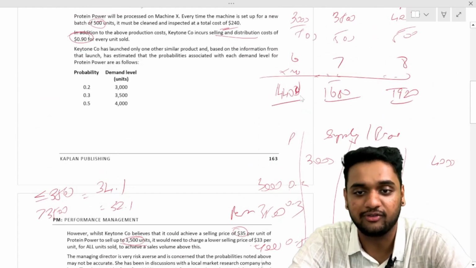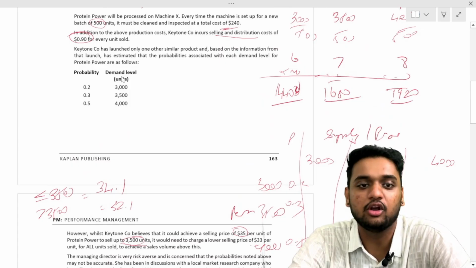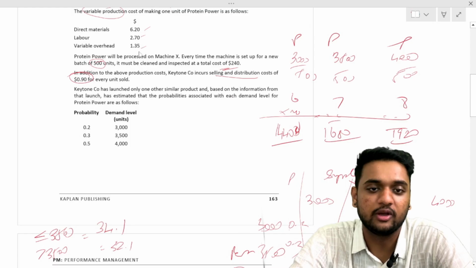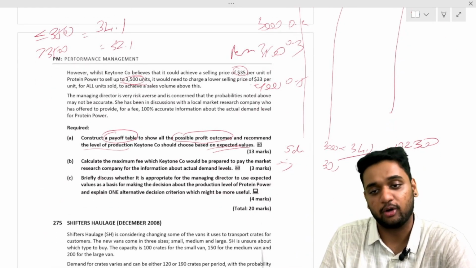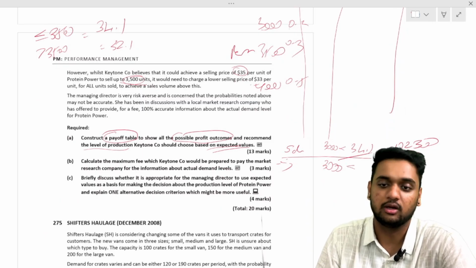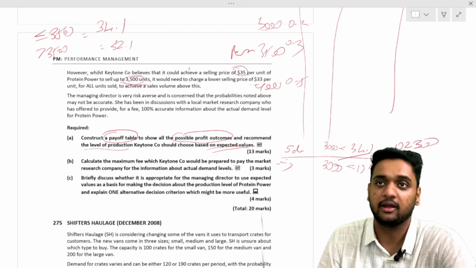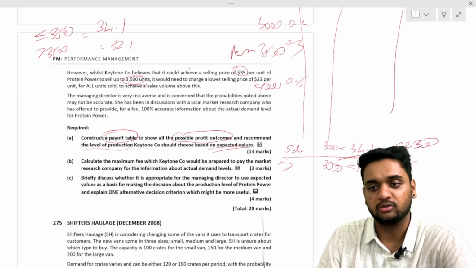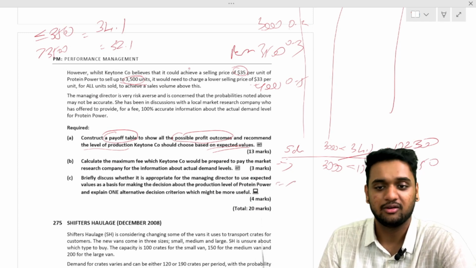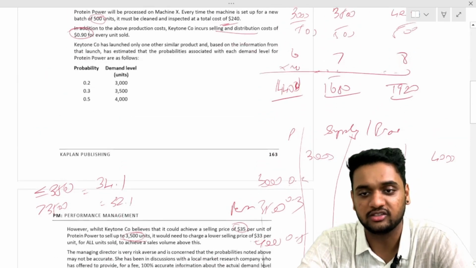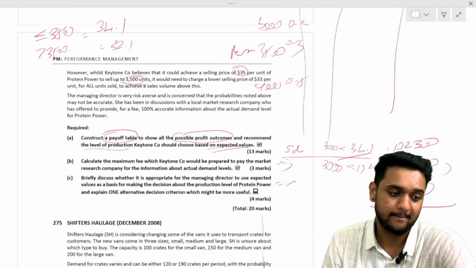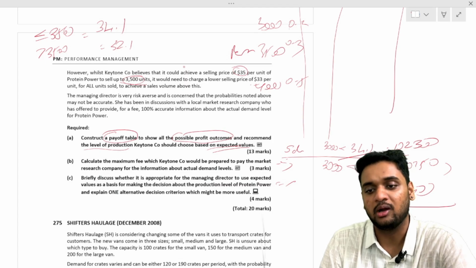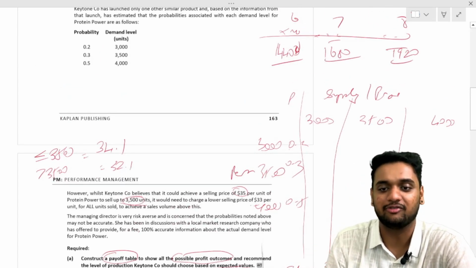Variable cost is 6.2 plus 2.7 plus 1.35, that is 10.25. Production is also 3,000 units, so 3,000 into 10.25 is 30,750. Then minus the fixed cost, the production fixed cost is 1,440. If you do this, what are you getting? 70,110.